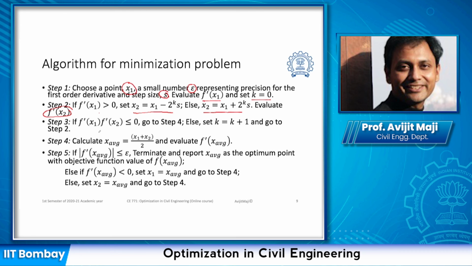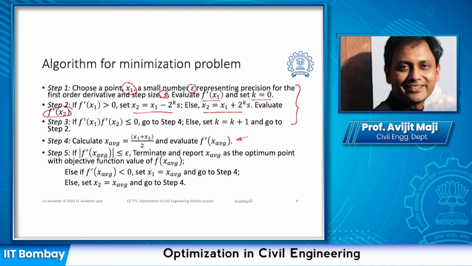If not, we have to look for another point, and as you saw, we are using the bounding phase method to find the new points. So we need to move back to step 2 to find the new point. Again, these first 3 steps are needed if we do not have the bracket. If we have the bracket, then we can start from step 4.